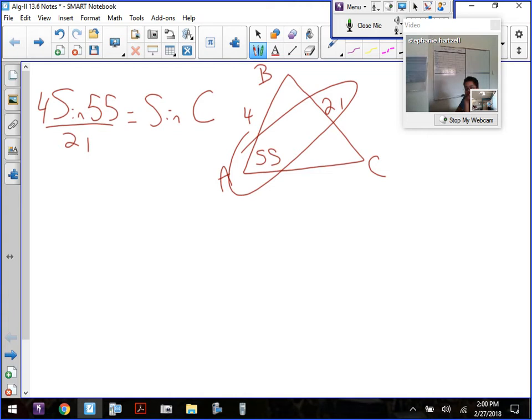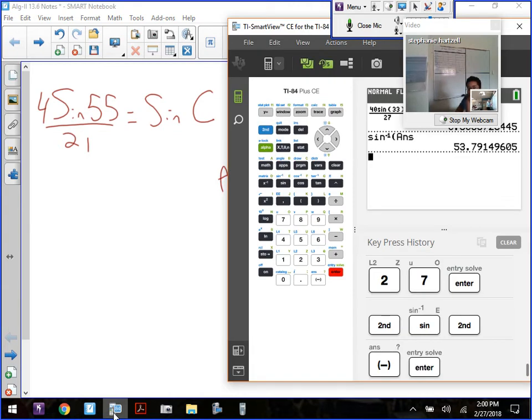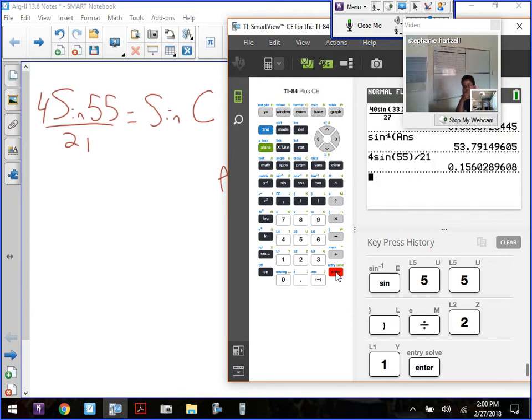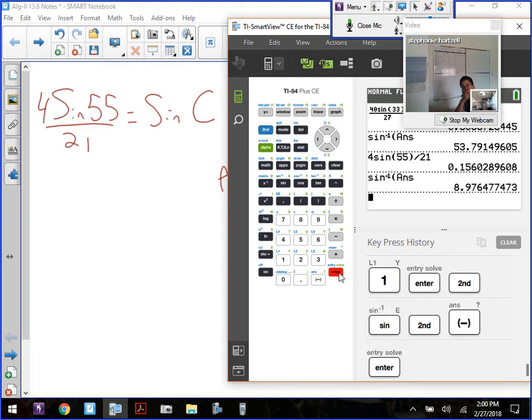In the calculator then, we type 4 sine 55 over 21, hit enter. That decimal equals the sine of angle C. Then you inverse it. Don't try and type it all in at once. And I get 8.98.